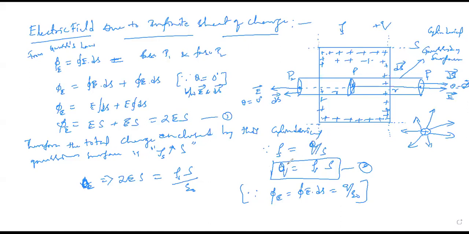Q is equal to rho s into S, and I am substituting it in the place of Q. Then the surface area on both sides is the same, so it cancels. Then we can write E is equal to rho s by 2 epsilon naught. Sorry, 2 epsilon naught. Ready? We are writing for E.